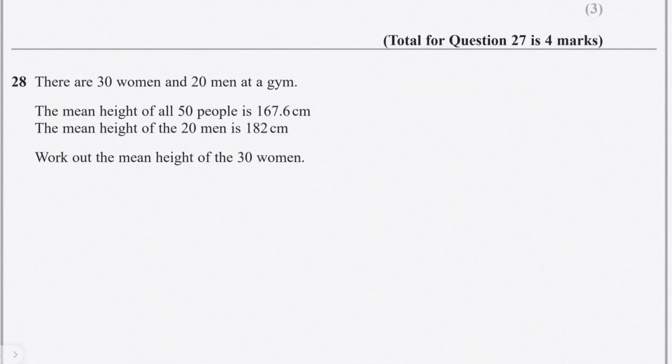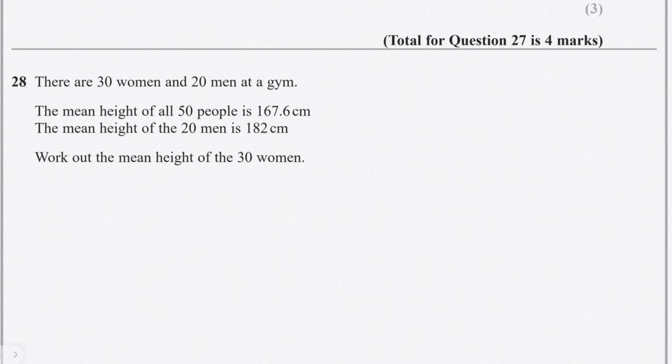Question 28. There are 30 women and 20 men at a gym. The mean height of all 50 people is 167.6 centimeters, and the mean height of the 20 men is 182 centimeters. Work out the mean height of the 30 women.